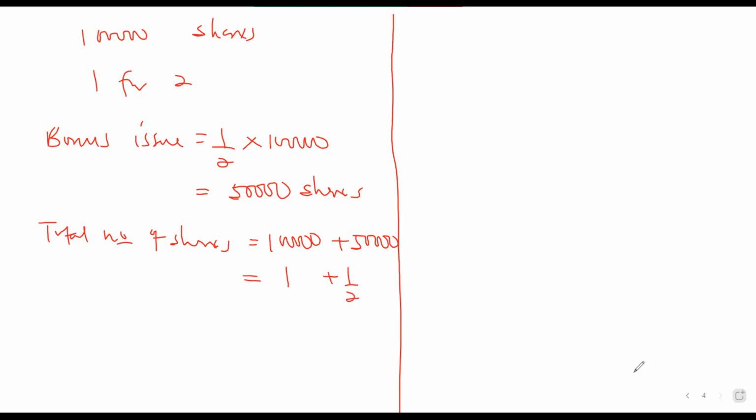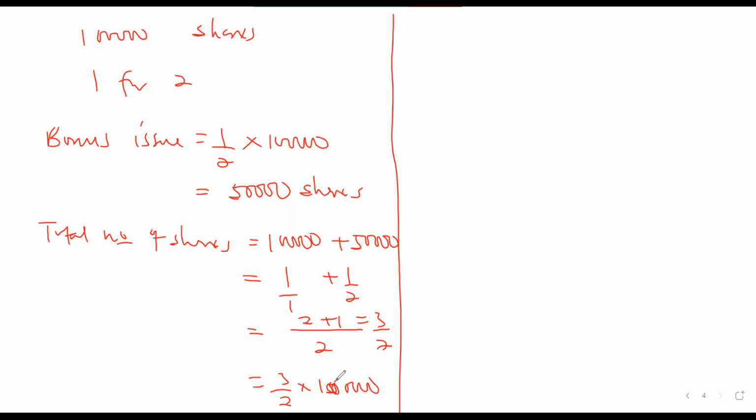So 100% of the existing shares plus 50% of your existing shares will give you that. Let's look at this. The number over here is 2, and this is over 1. So we have 2 plus 1, and that will give us 3/2. The 3/2 is what we call the bonus fraction. So you can find your 150,000 by applying 3/2 multiplied by the 100,000. You'll have 150,000 straightforward. So this is what we call the bonus fraction.